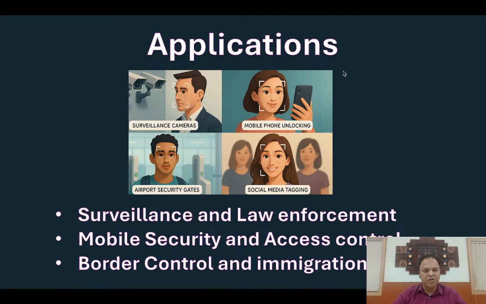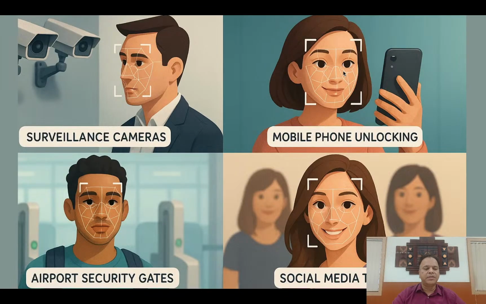At your apartment complex, if somebody has come to your house, is it a known person or an unknown person? There is also mobile security: if you have children with a phone and you have parental control, you can use the same face recognition to achieve some of those things. Even in airport security, we use it for border control and security gates. If there's a known terrorist, for terrorism detection, racism detection, all these places we are using face recognition.